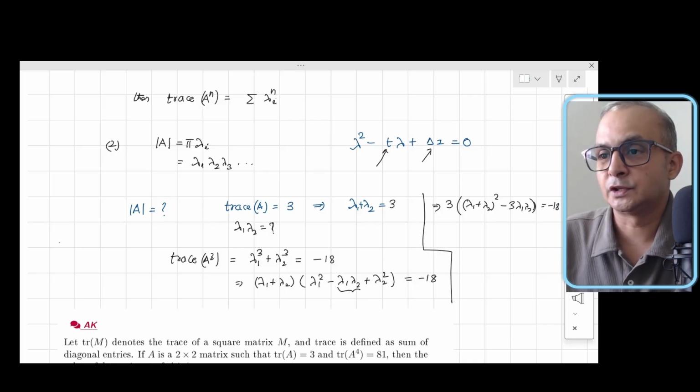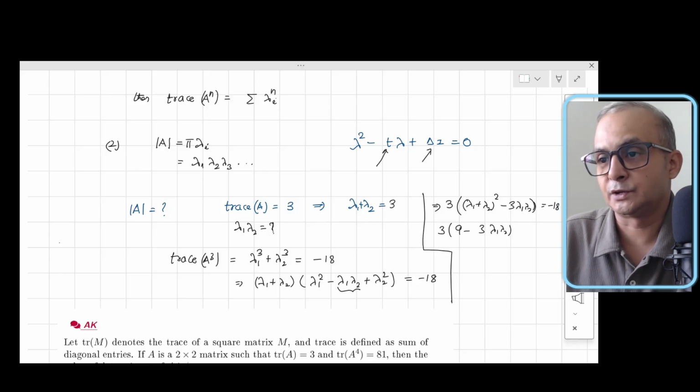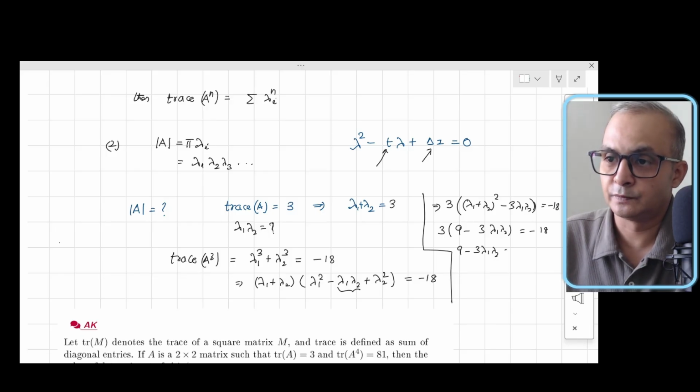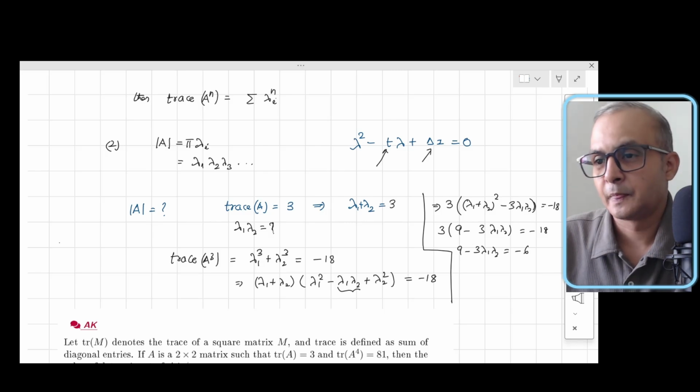So 3 times 9 minus 3 times lambda 1 lambda 2 is equal to minus 18. From here we get 9 minus 3 lambda 1 lambda 2 is equal to minus 6, so 3 lambda 1 lambda 2 is equal to 15. So lambda 1 times lambda 2 is equal to 5.